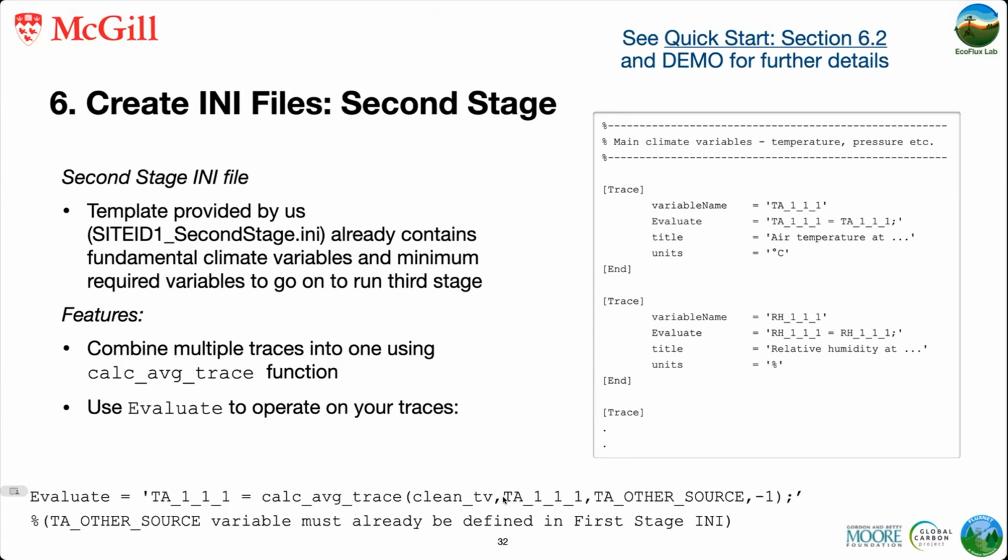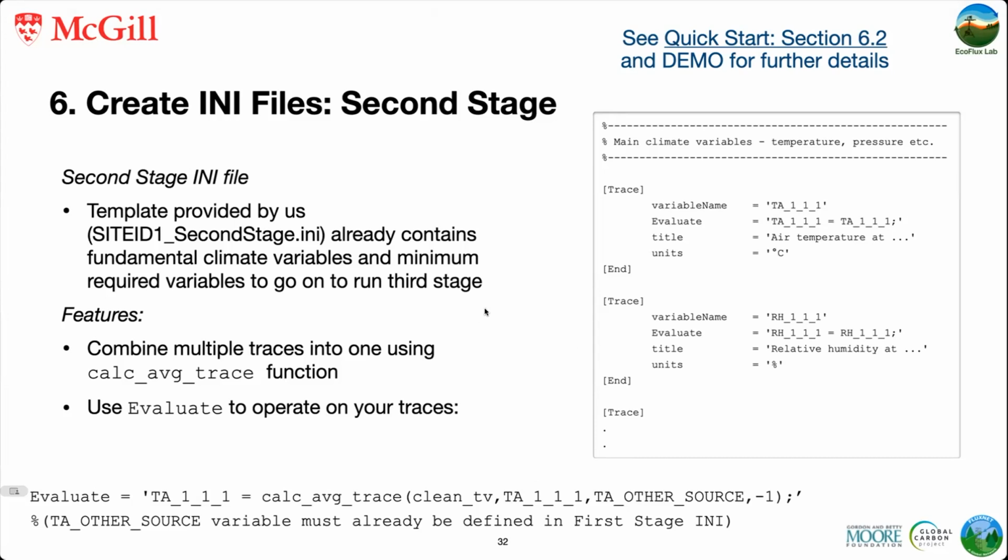We've got our first stage 2-meter temperature variable that we defined in stage 1, and then a second temperature trace, for example, from a nearby climate station, or if you had another of your own sites nearby. This function regresses these two variables and uses the linear fit to fill gaps in the first variable.